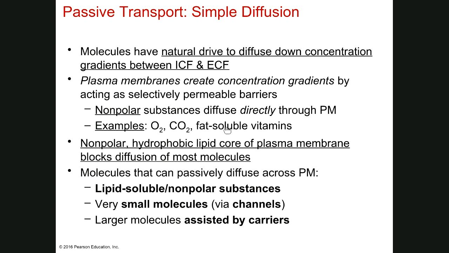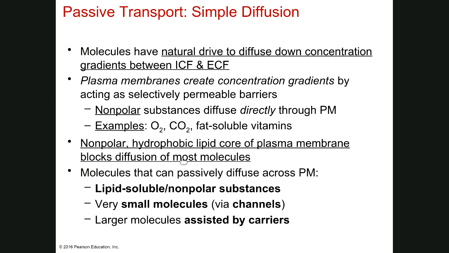Fat-soluble vitamins, again, fat-soluble means it's nonpolar. So most small substances that are nonpolar go through this process of simple diffusion. They do not need any help getting across the membrane. They can go right through. That's what's said in this statement: the nonpolar hydrophobic lipid core of the plasma membrane blocks diffusion of most other molecules.